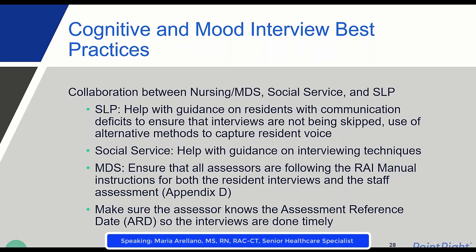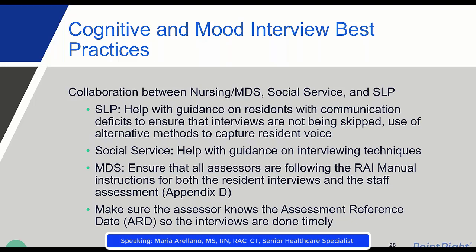Cognitive and mood interview best practices, right? Speech language pathology can give you guidance on good ways to communicate with residents if they have a communication deficit but are still understanding, and in B0700 and B0800, if you're still coding that they have methods and can communicate effectively and do understand you. When you're doing the interview, even if they can only answer yes/no questions, that's where the cue cards come in handy.